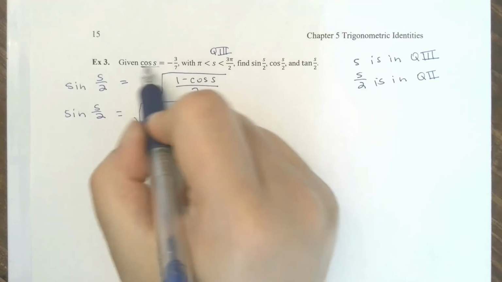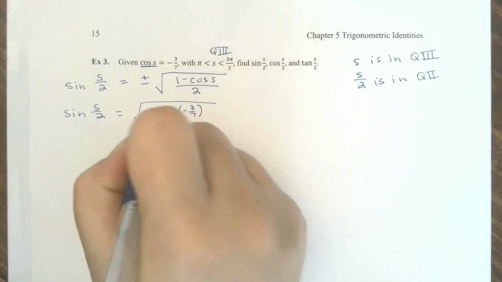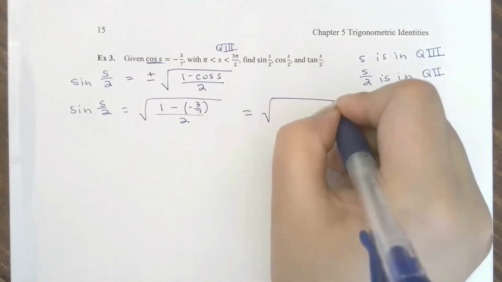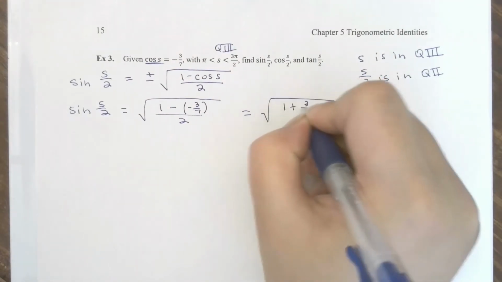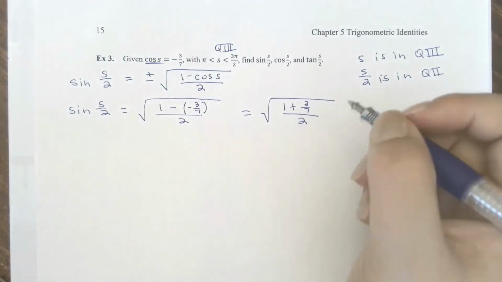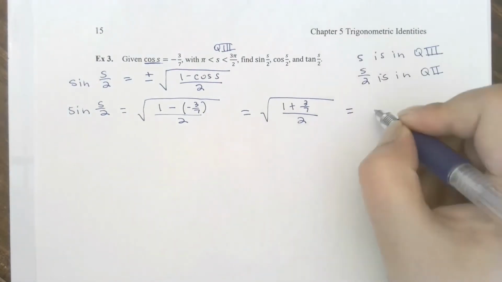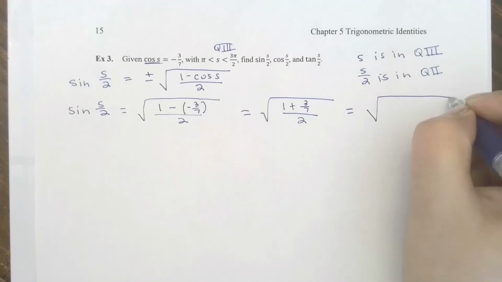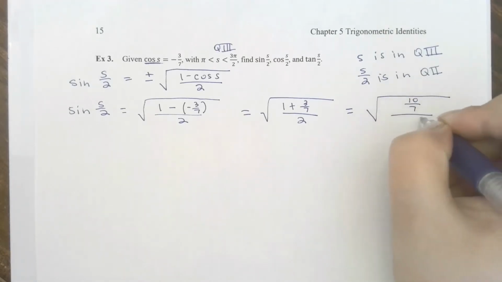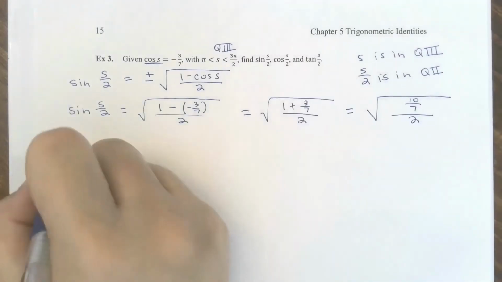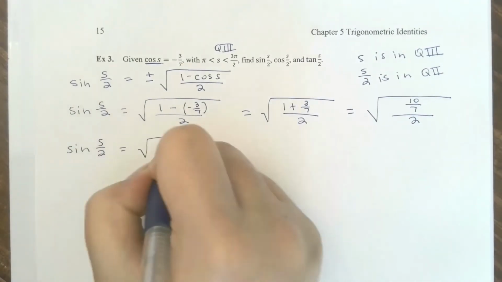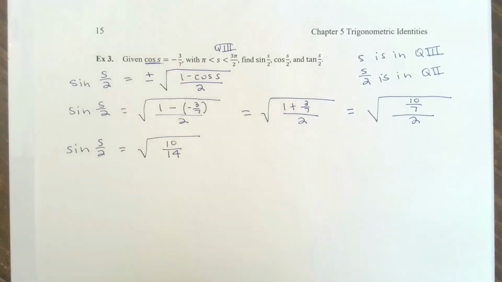I just pulled cosine s from here. That gives me 1 plus 3 over 7, over 2, which is the square root of 10 over 7 over 2, the same thing as the square root of 10 over 14.